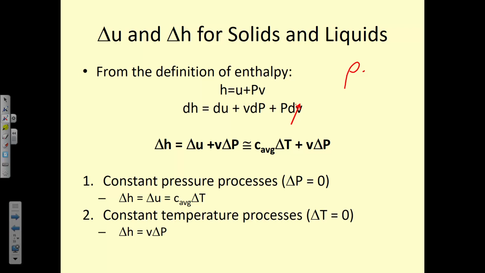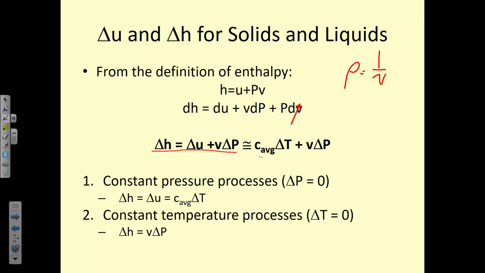And because density is equal to 1 over specific volume, it also means their specific volume isn't going to change. So this dV term goes to 0, which means that delta H is equal to delta U plus V delta P. We can just approximate it as that.